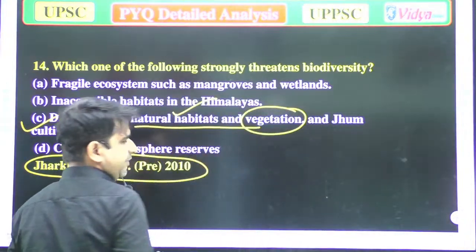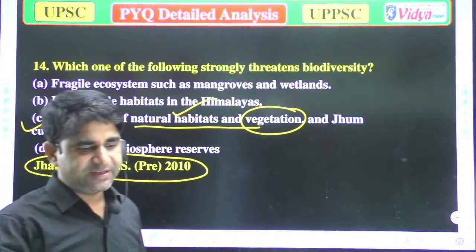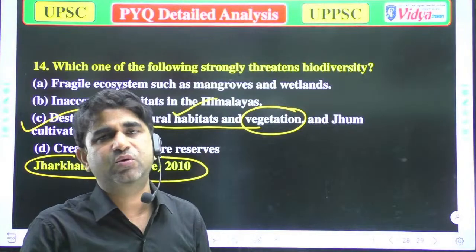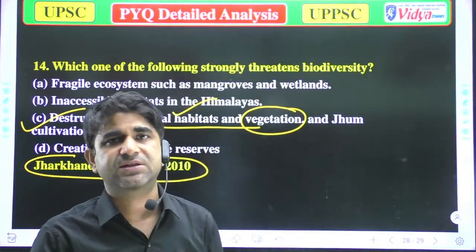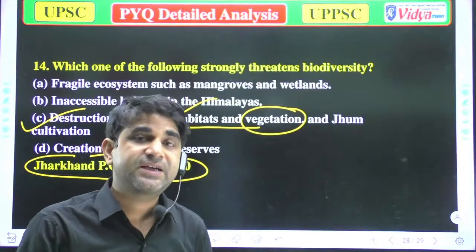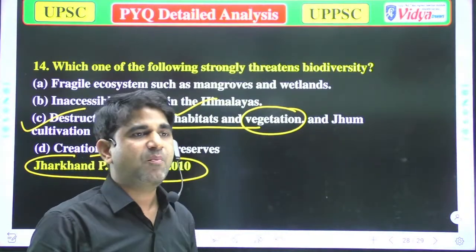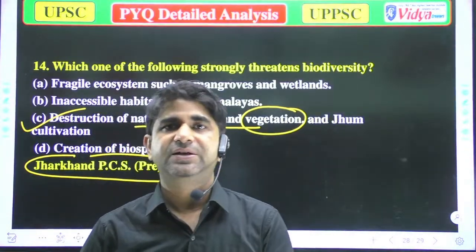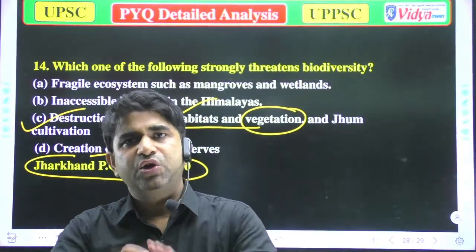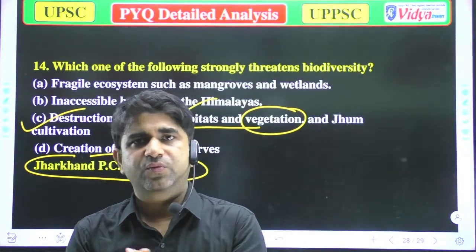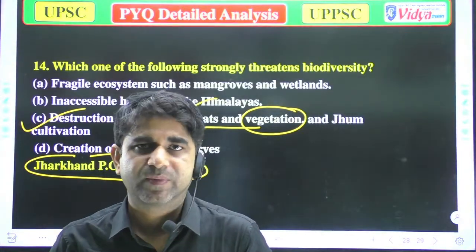If there is a decrease in vegetation in any area, it means there will be fewer plants. Plants provide the shelter, the food, everything to various living organisms. So when there is less vegetation, there will be less biodiversity.